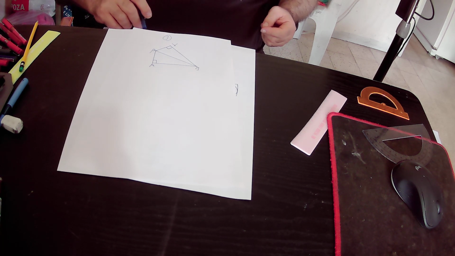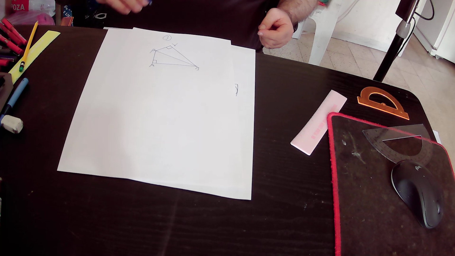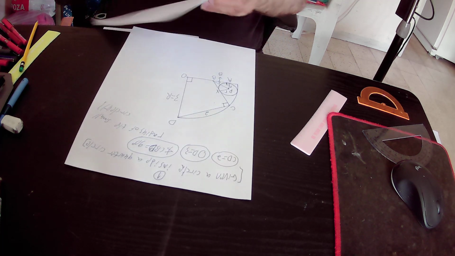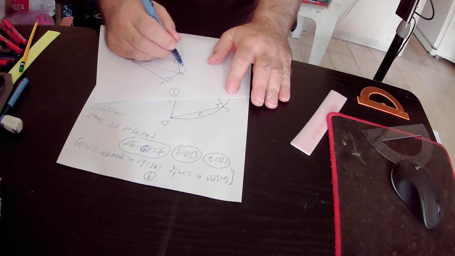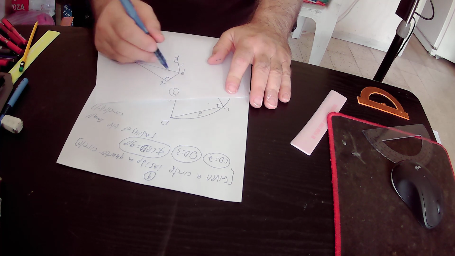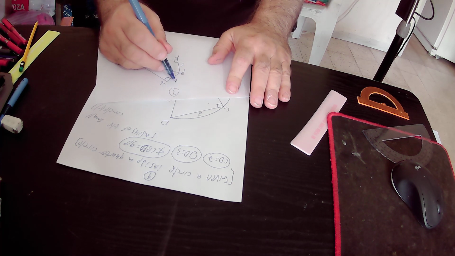On those two triangles, we know that AP equals r and PX is also equal to r.